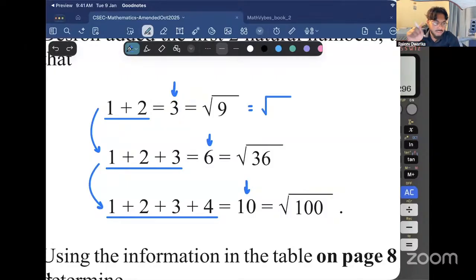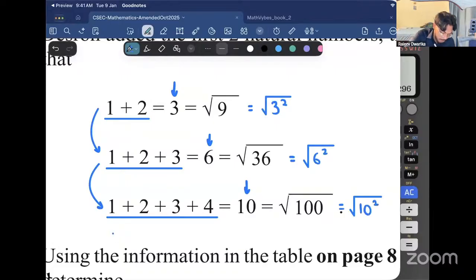Now 3 times 3 is the same thing as 3 to what power? 3 squared. Exactly. And over here, the square root of 36 is the same thing as the square root of what? 6 squared. And over here is the same thing as the square root of? 10 squared. Yep. So I think you see the pattern, right?